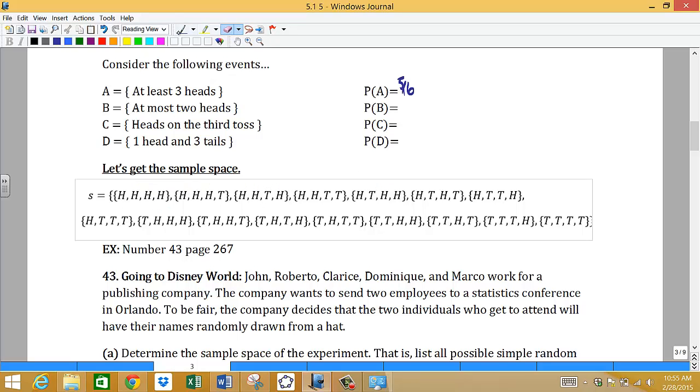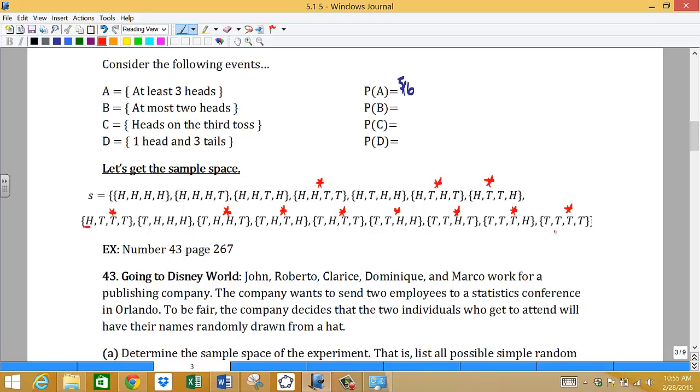Let's try another one: at most 2 heads. At most 2 means 0 heads, 1 head, or 2 heads. Let's count these. At most 2 is here, and here. This one is not at most 2, this one is, and so on.